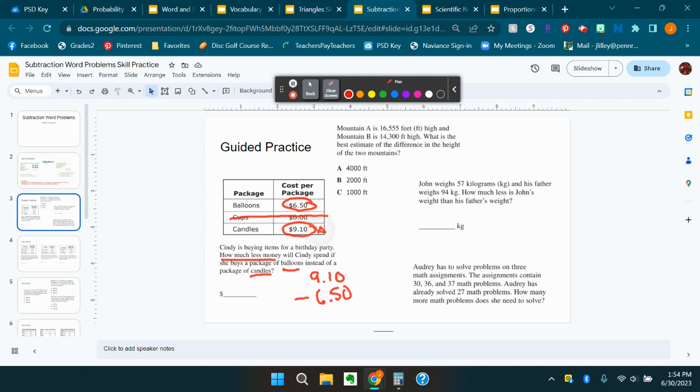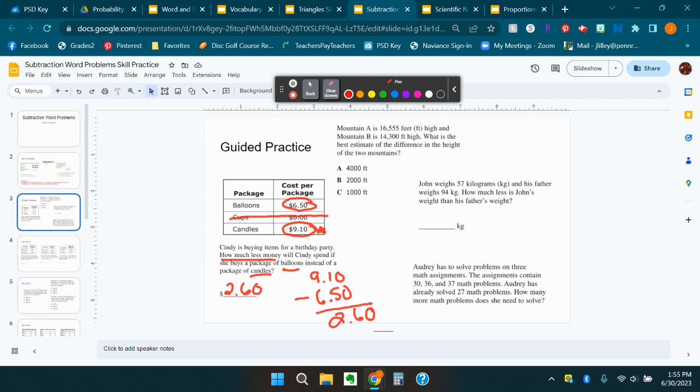Notice I'm starting with a larger number and subtracting the smaller number. Now when I type this into my calculator, I get 2.6. I have to remember that with money, we always go to two places after the decimal, so I need to add that imaginary zero to the end. It's going to cost her $2.60 less if she buys the balloons.